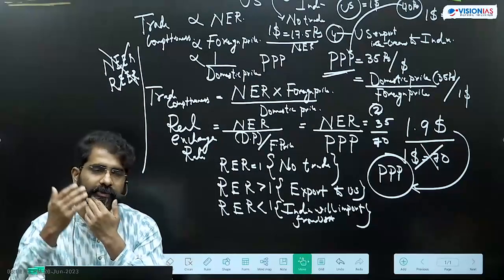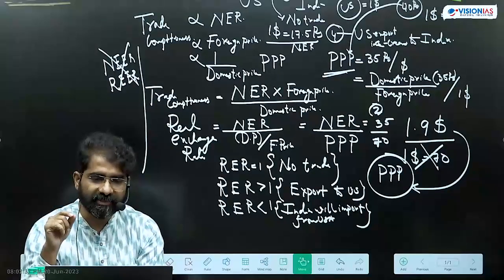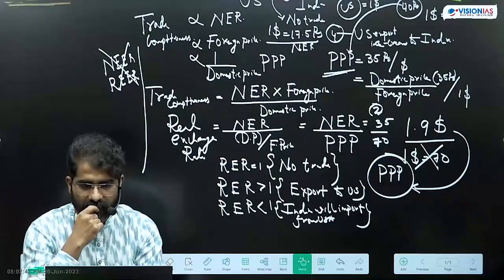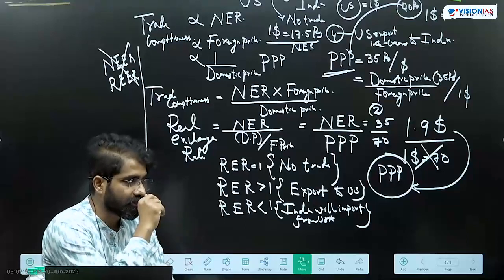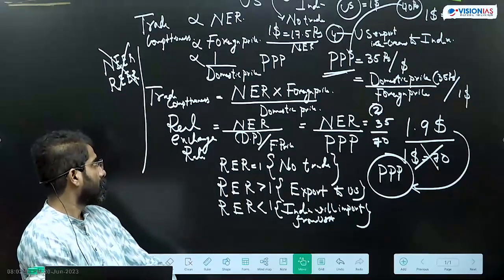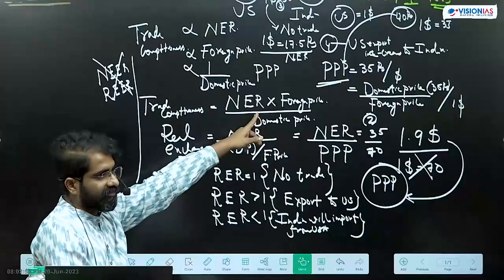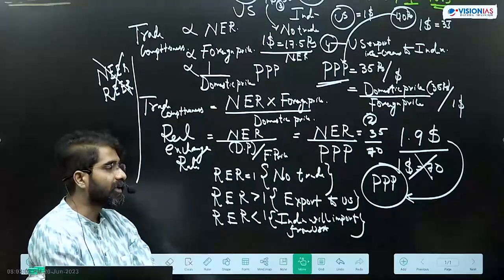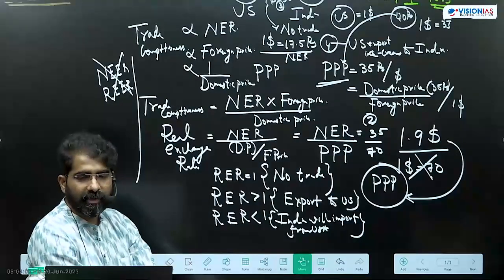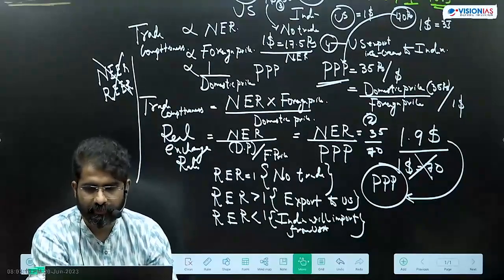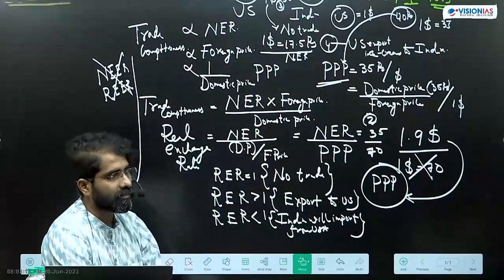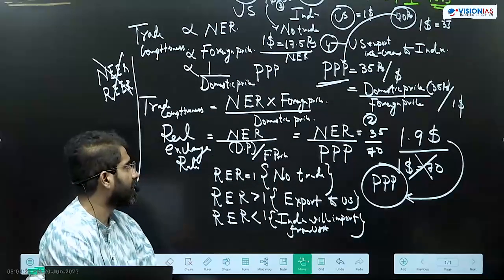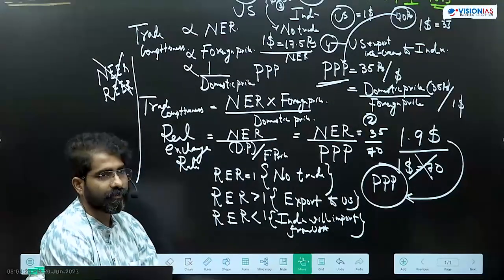Is that okay? Then write down, therefore, trade competitiveness is equal to price of ice cream in US, that is foreign price, multiplied by nominal exchange rate, divided by price of ice cream in India, that is the domestic price.